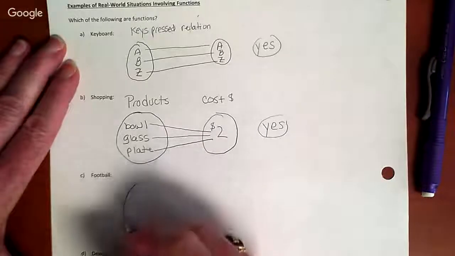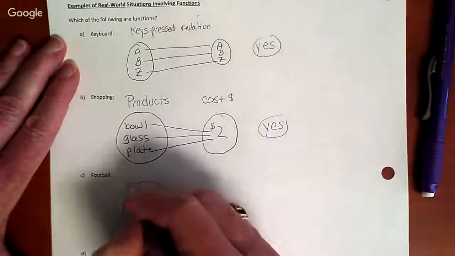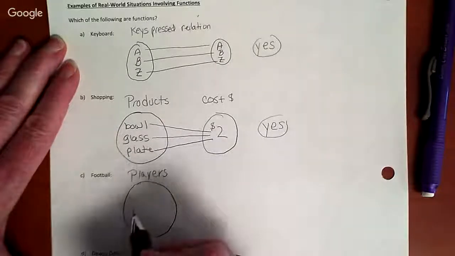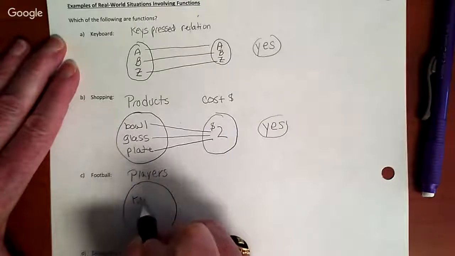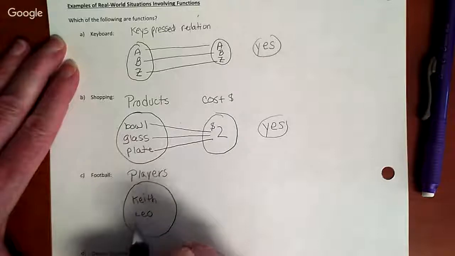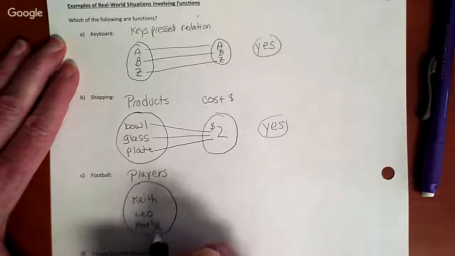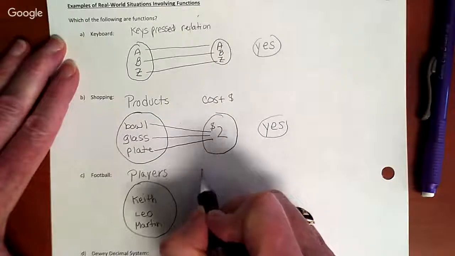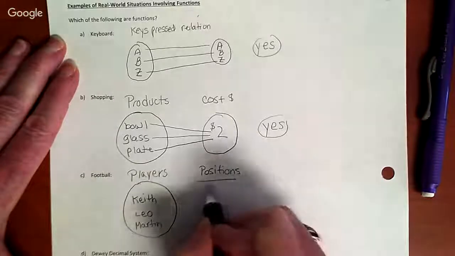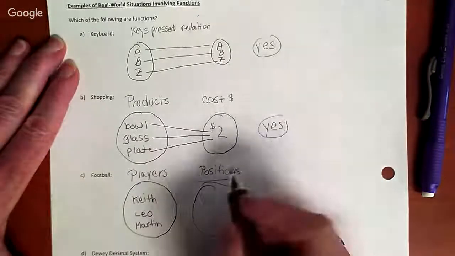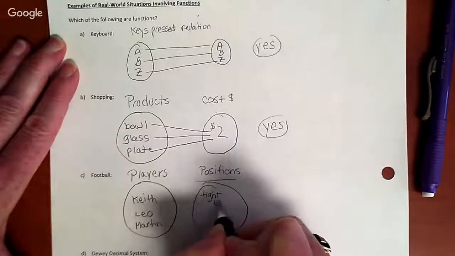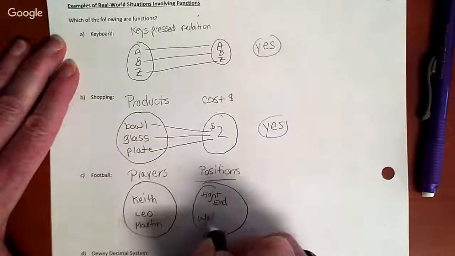For football, if I were to have some players, for example, Keith, Leo, and Martin, and I had positions for them, tight end and wide receiver.